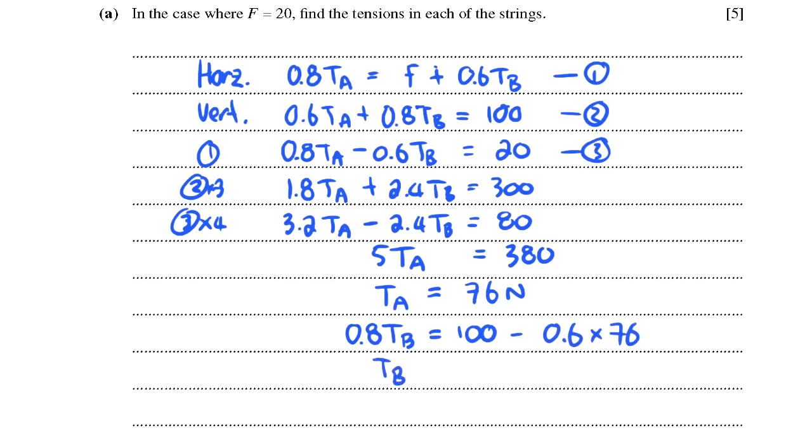And we can use a calculator to work that out. 100 minus 0.6 times 76, all divided by 0.8, turns into 68 newtons. All right, therefore, what do we have to do? Find the tension in your string. Let's just say TA. Hopefully they know what that means. TA is 76 newtons, and TB is equal to 68 newtons.